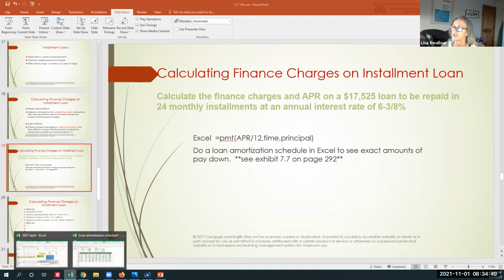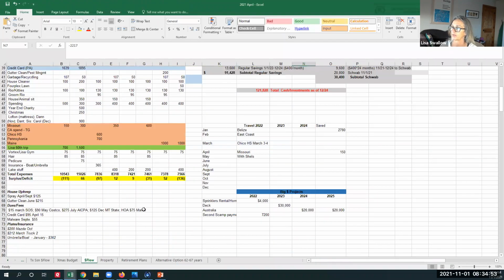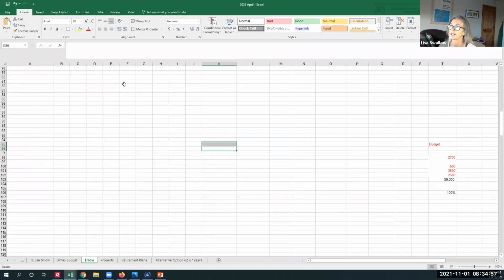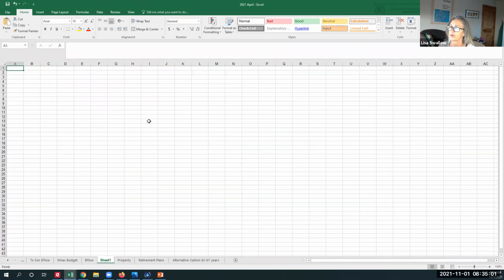Oh, also I wanted to show you while we were here how to calculate a payment. If you just want to calculate a payment quick and dirty, and I will have you do this on the exam, you can just do equals PMT. And these are up in this little FX insert function.